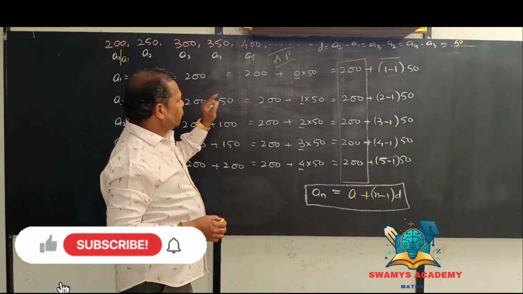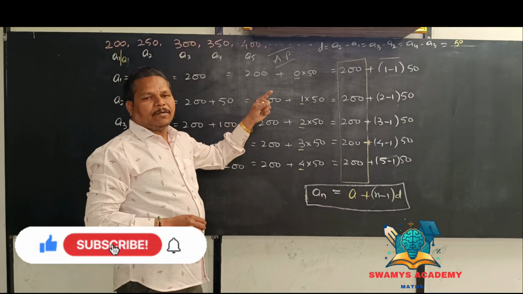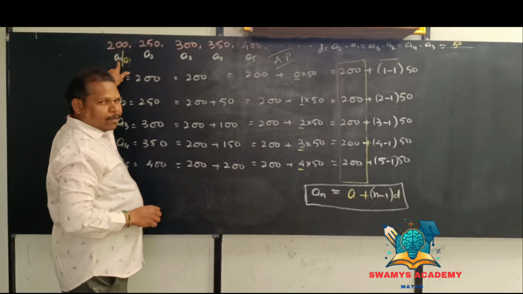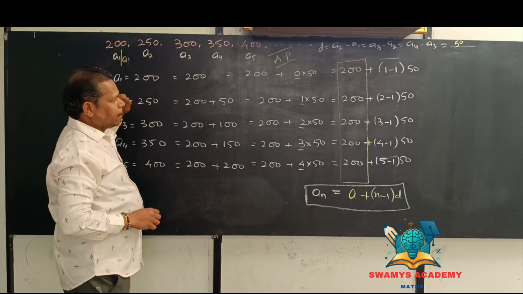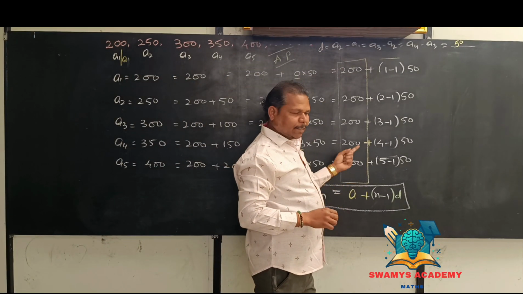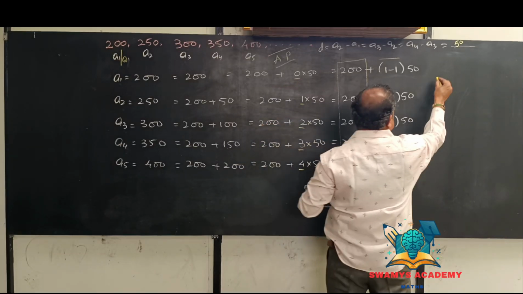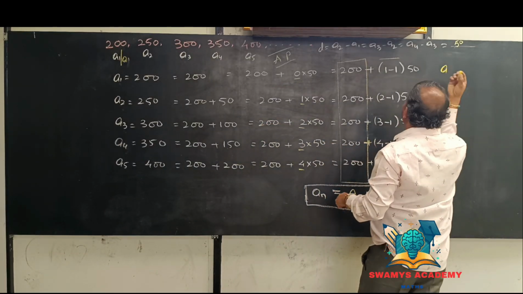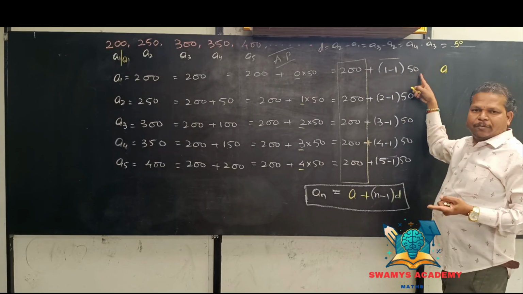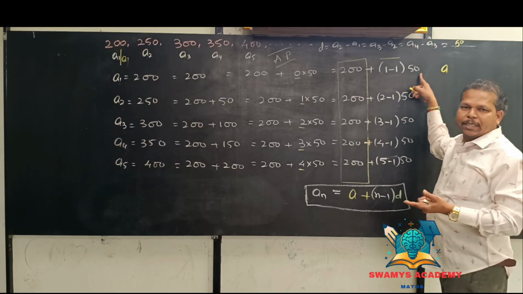So we'll do the formation of the general form in arithmetic progression. This is a1, or we will take a, as 200. Now we know this 200 is common for all the terms, so that we take as a. Next, 1 minus 1 is 0. 0 into 50 will become 0 only.